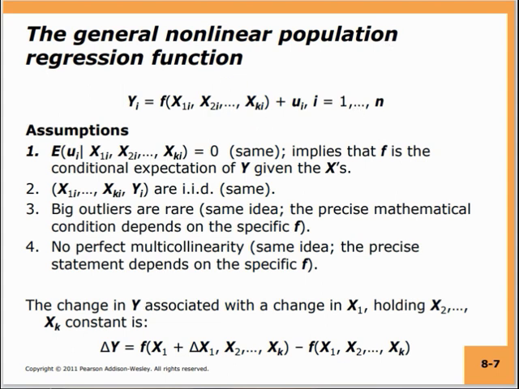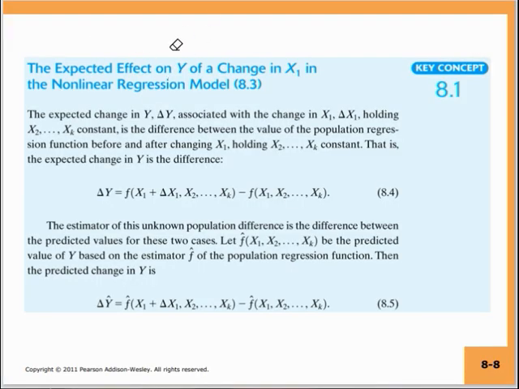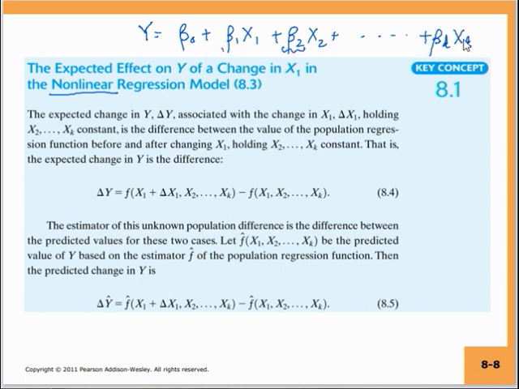So let us look at how we will look at this. The expected effect on y of a change in x1 in a nonlinear regression model. Notice that we are now talking about the nonlinear regression model. In a linear regression model where you are just stating it as beta 0 plus beta 1 x1 plus beta 2 x2 plus up to beta k xk, you can directly say that beta 1 and beta 2 are the marginal effect of a one unit change in x1 on the change of y.